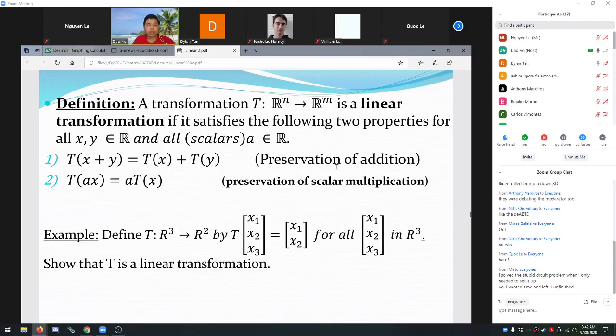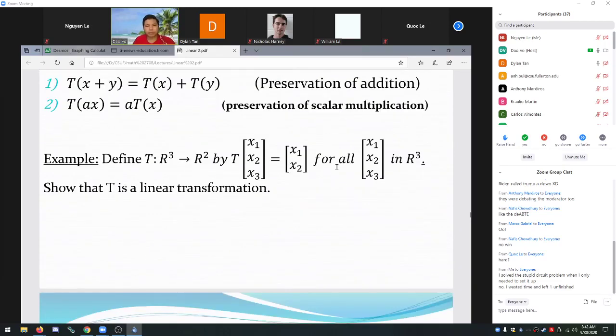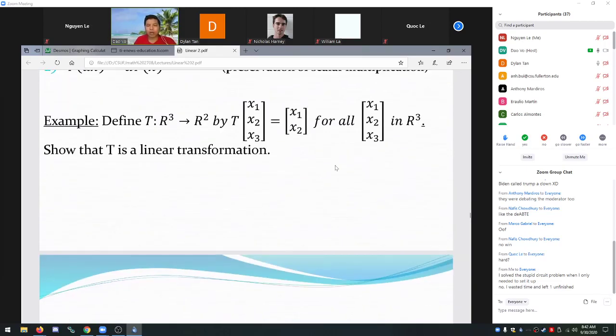All right. So on the exam, when I ask you to show that this is a linear transformation, this is what you can do. You can say, well, we can prove according to the definition. Here's the example that we are going to prove is a linear transformation.